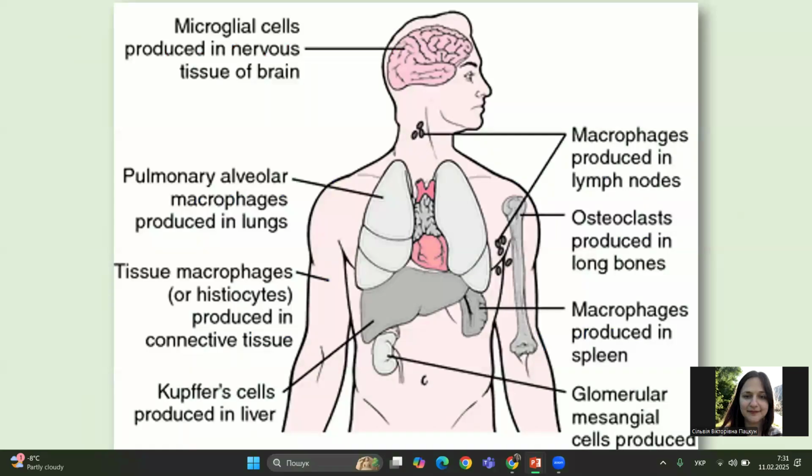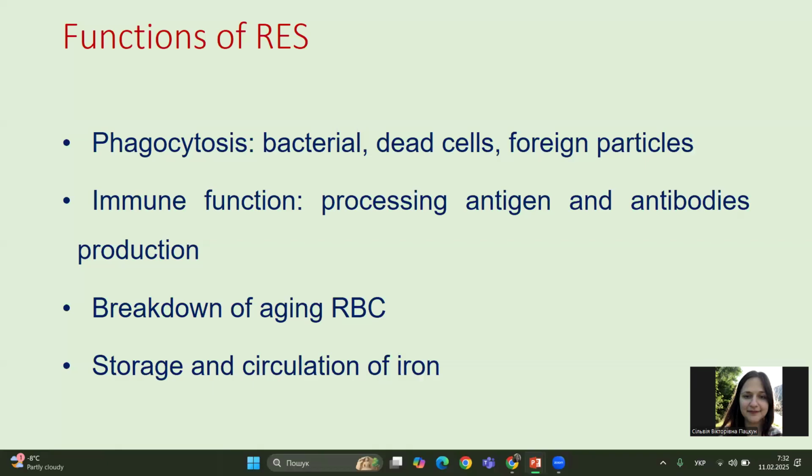So it contains microglial cells in the nervous tissue of the brain, pulmonary alveolar macrophages in lungs, tissue macrophages or histiocytes in connective tissue, Kupffer cells in the liver, macrophages in lymph nodes, osteoclasts in long bones, macrophages in the spleen, and glomerular mesangial cells in the kidneys.